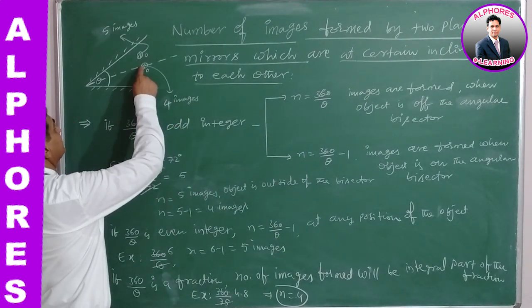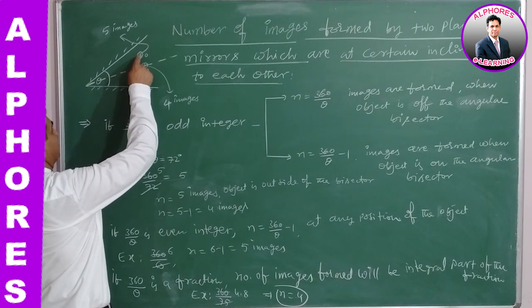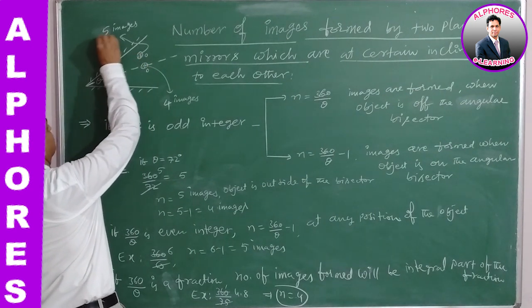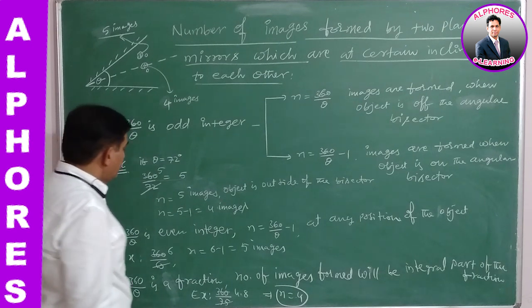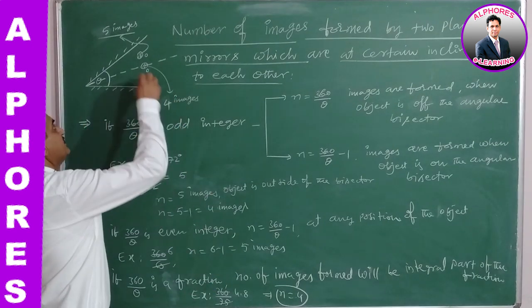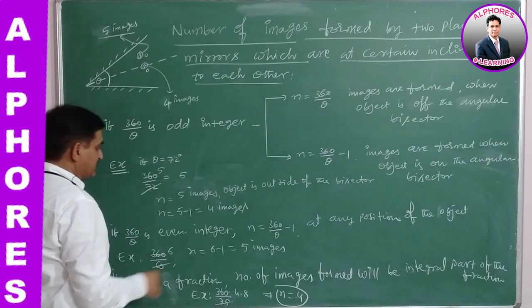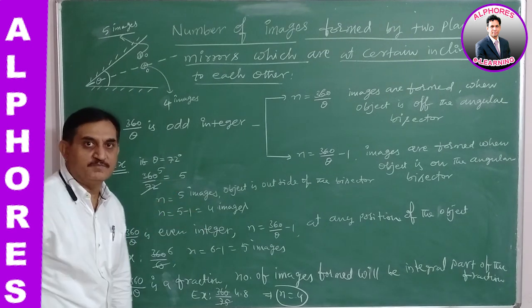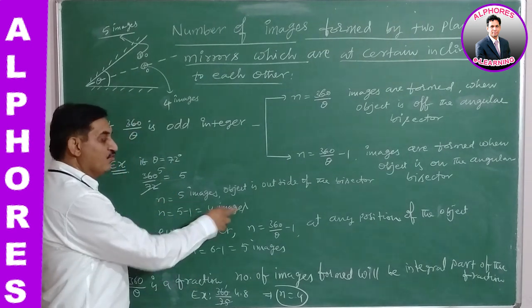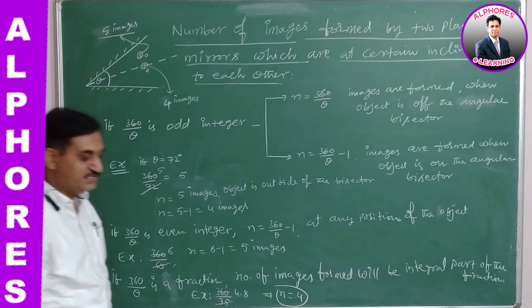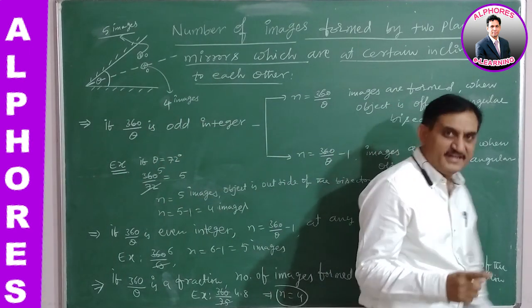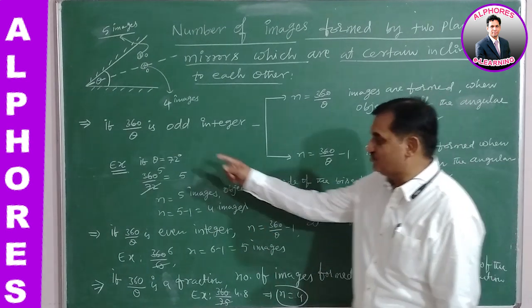Whenever it is kept outside of the bisector, the number of images formed will be 5. If the object is exactly on the angular bisector, the number of images formed will be 4. This is case 1.